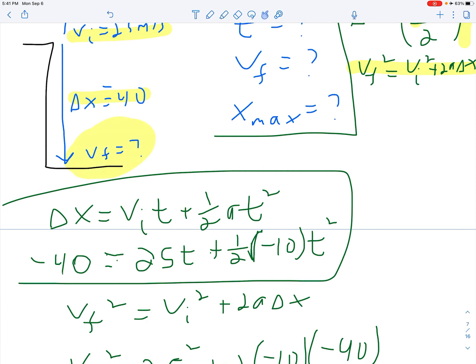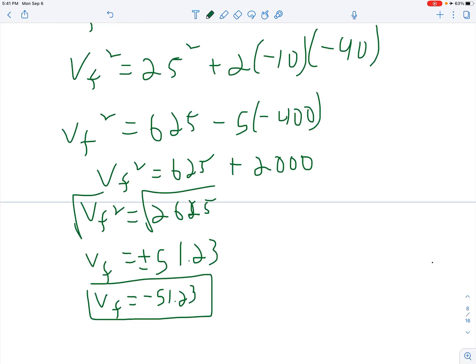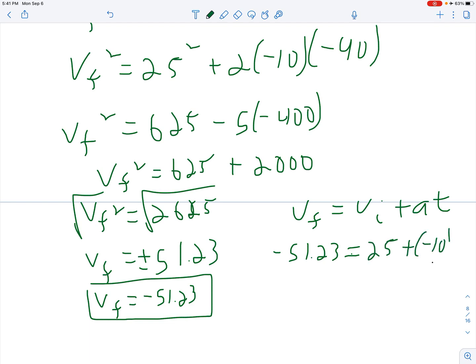Okay. That actually helps me a lot because now that I have VF, I can use this one. So if I put negative 51.23 equals my initial velocity, I can find the time.